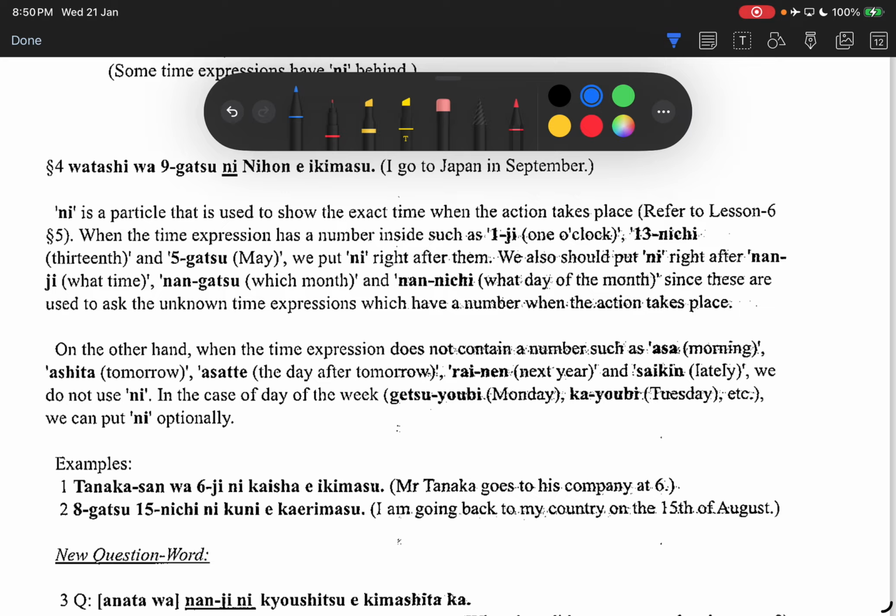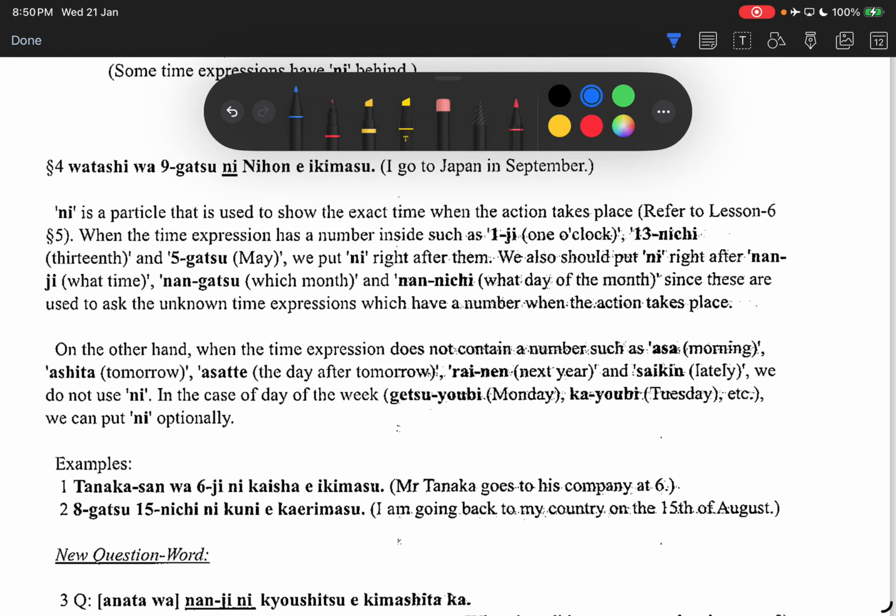There is a time expression with number, so we need to have a に to tell people that it is exactly inside this time frame. So instead of at September, it is in September, right? So this に here can mean in, it can mean during. So during September, 日本へ行きます, I go to Japan. In September, I go to Japan, right?